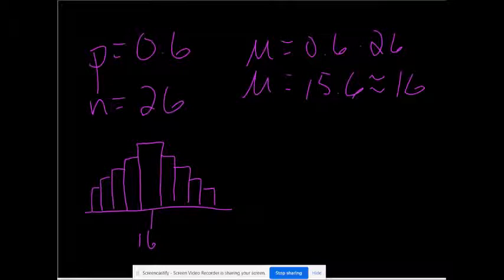So it would look something like that. Now, what we want to be able to do is take the normal curve and superimpose it on top of the binomial distribution. That's what we were doing in Unit 6.